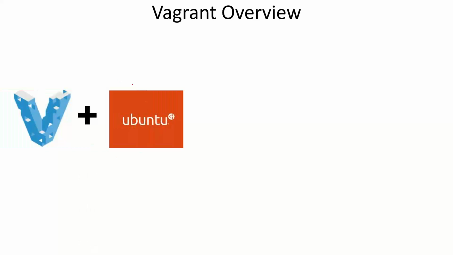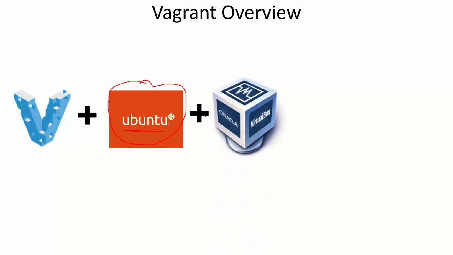To understand Vagrant a little more, you need to understand how Vagrant works. Vagrant works in the form of boxes. In this current example, I'm showing you the idea of Vagrant working with the help of a box called Ubuntu. Vagrant understands the concept of boxes, which I'm going to show you shortly. Then a hypervisor is a must.